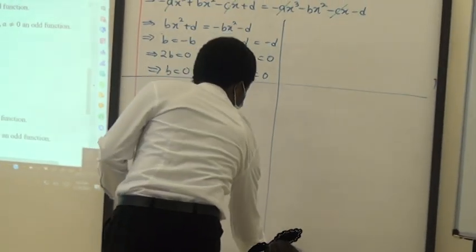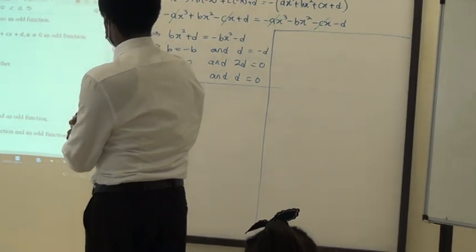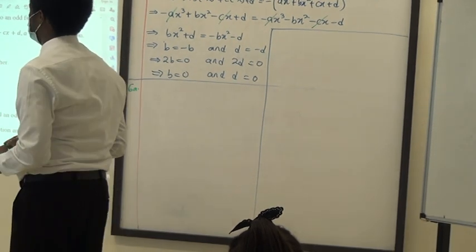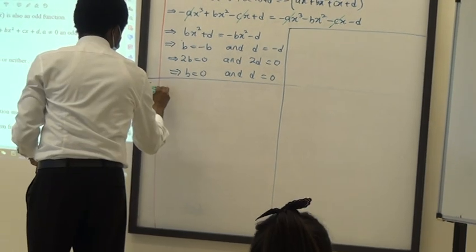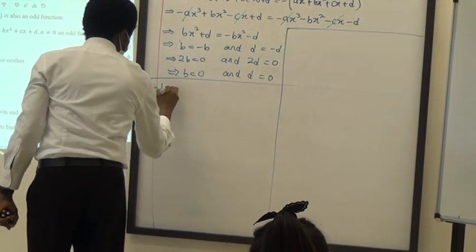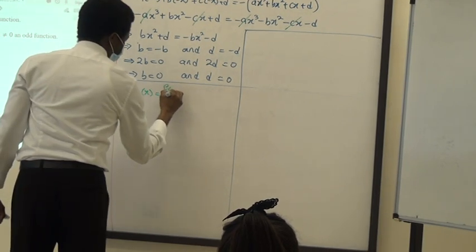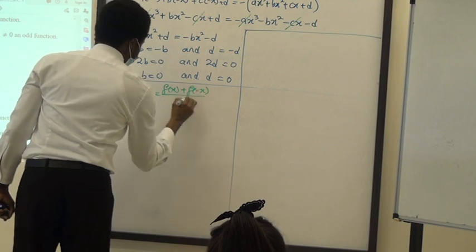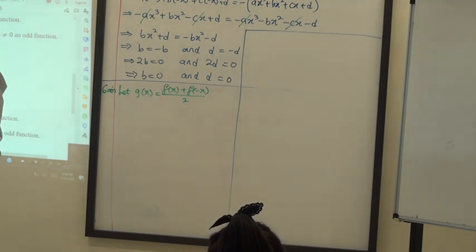So for that, we could have something like this. For 6a1, let that function be g. Let g of x be f of x plus f of negative x, divided by 2. Let this be g. Your goal is to decide whether g is odd or even or both.